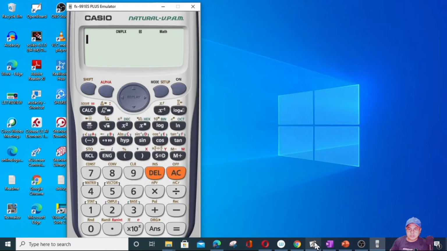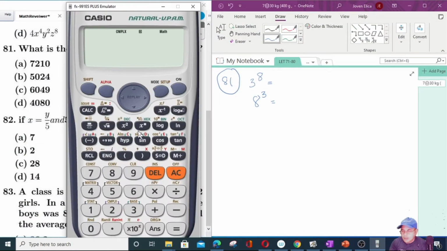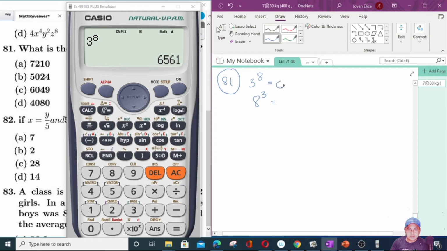Alright, so let's open it again. So 3 raised to 8 is, let us use this, I think this one. 3 raised to 8 is equal to 6,561.